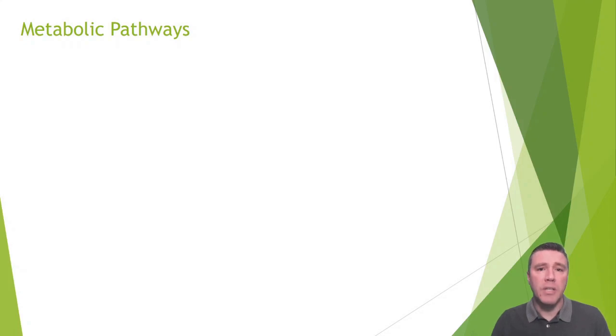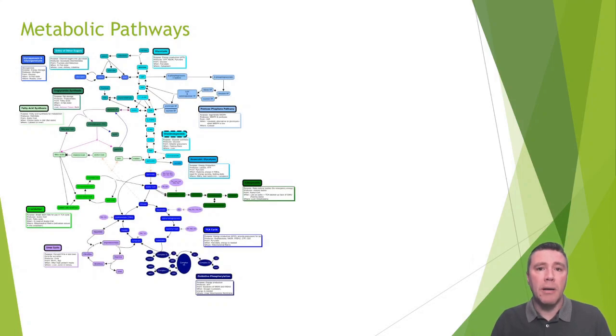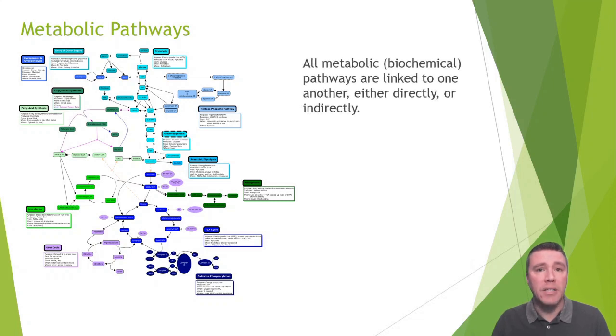As we have already seen in this unit, biochemical reactions are never standalone, independent of other reactions. Metabolic pathways are complex and interlinked. They are always part of a complex series of reactions where reactants aren't useful to just a single exclusive reaction.